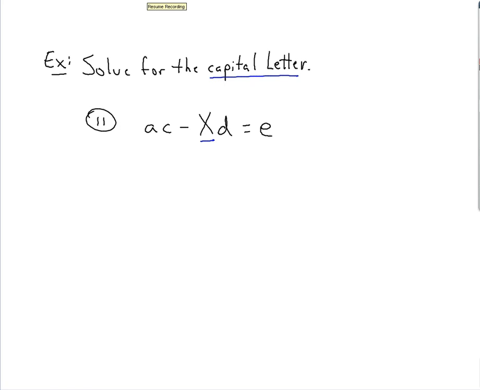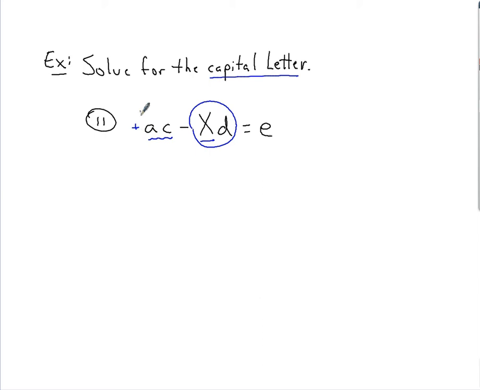All right, I'm going to solve for the capital letter, given all these other variables that are floating around. You need to think about the strategies I've been using on all these other equations we've looked at. This x and this d are attached through multiplication, making this a term. The AC right here technically is a positive term, right?